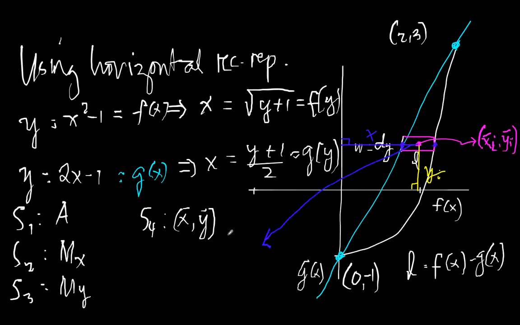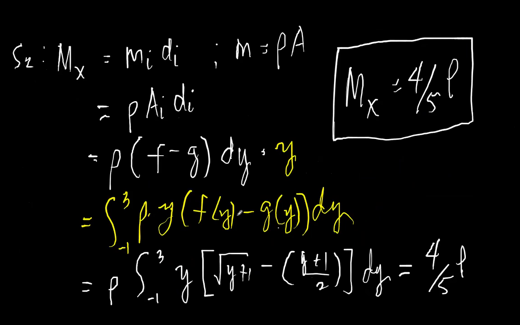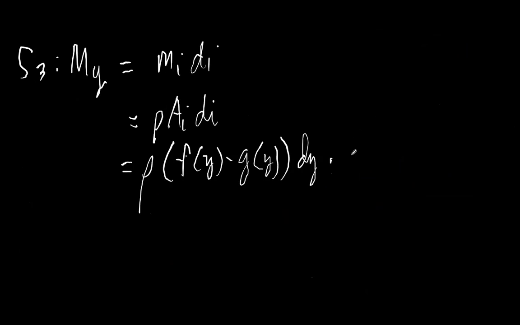To find the midpoint, we have f of y plus g of y all over 2. So this is our x, and we have already identified the x.